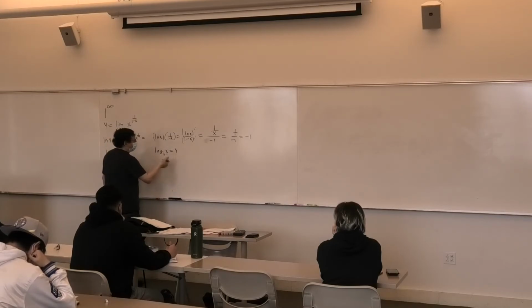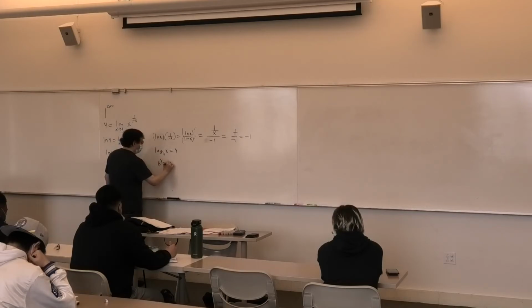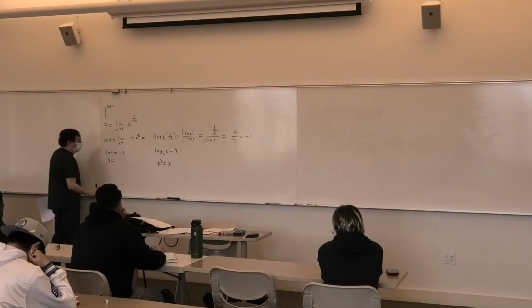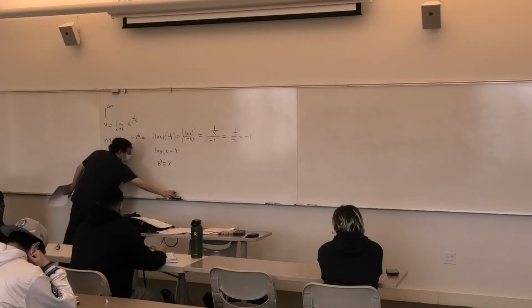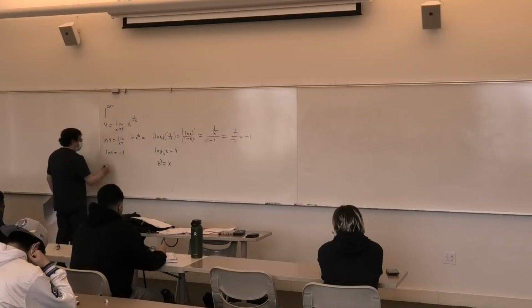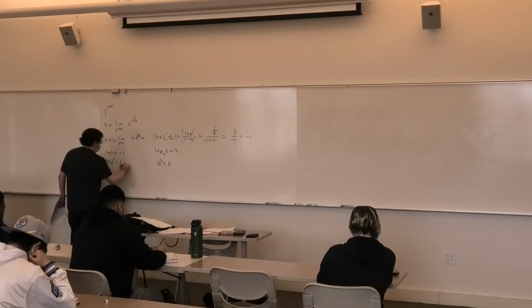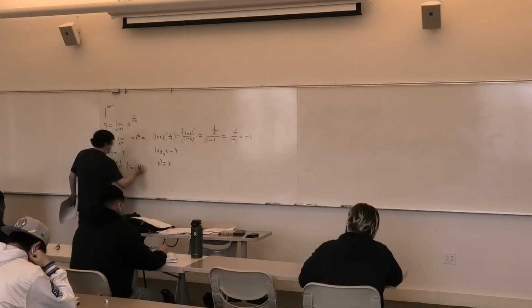So to rewrite it in exponential form, the base to the y equals x. So here the base is e. I'm using different letters, but here we have y is equal to e to the exponent negative 1, or 1 over e, which is 1 over 2.718. I guess that's going to be about 0.3 something.